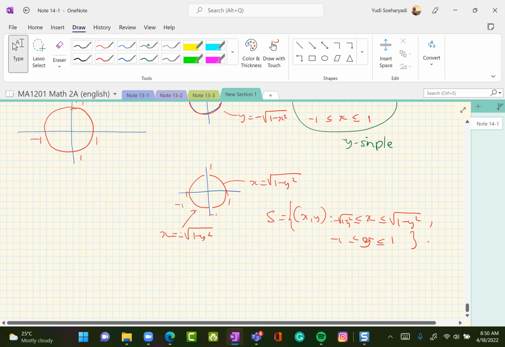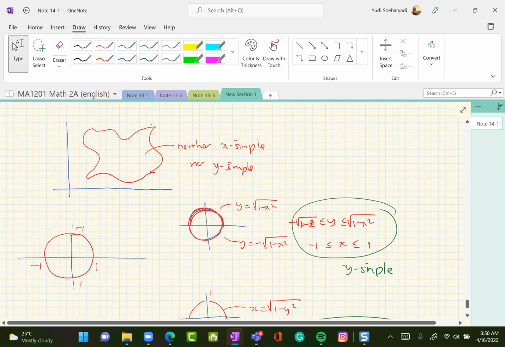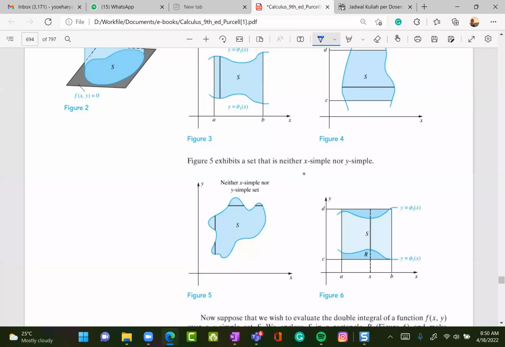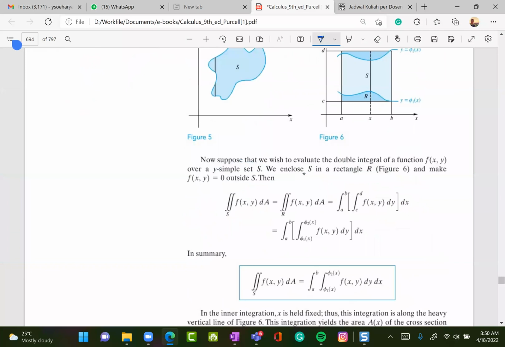So this tells you that this is also x simple. But you can have something that is neither x simple nor y simple. So then let's do this one here.